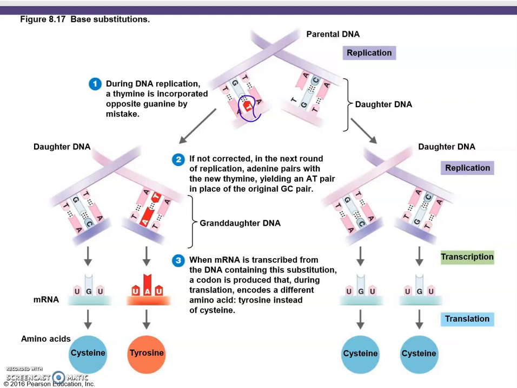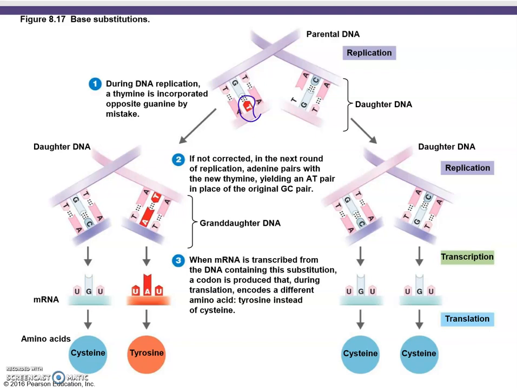And now in the next round of replication, the T that was here ends up base pairing with A, and now we have the new DNA strand reading TAT, which is transcribed into messenger RNA as UAU, where it should be UGU.